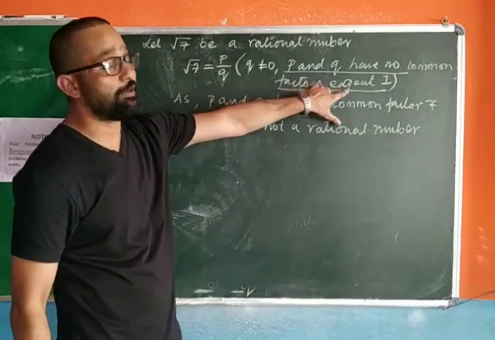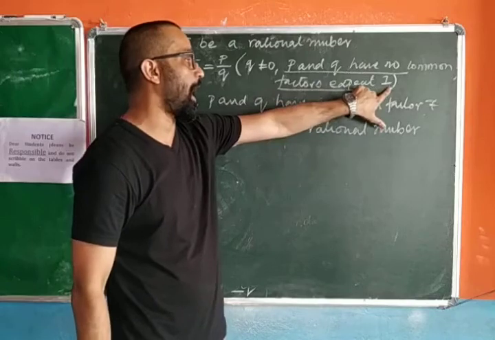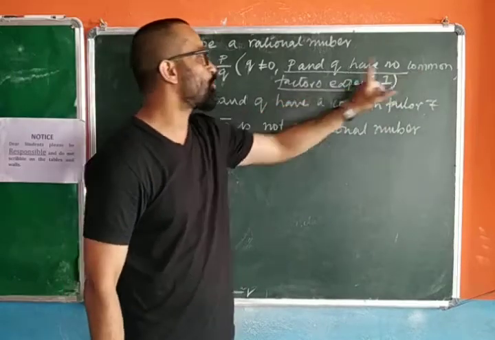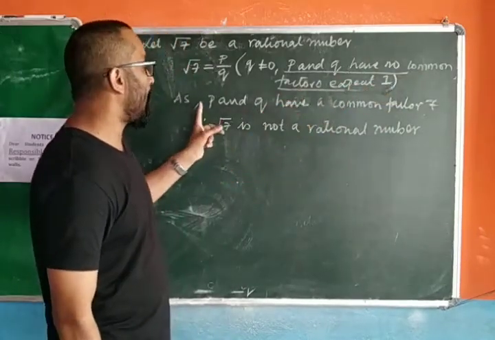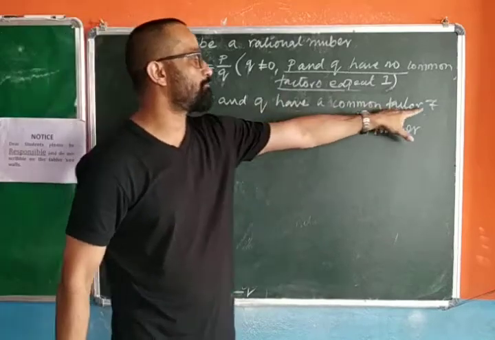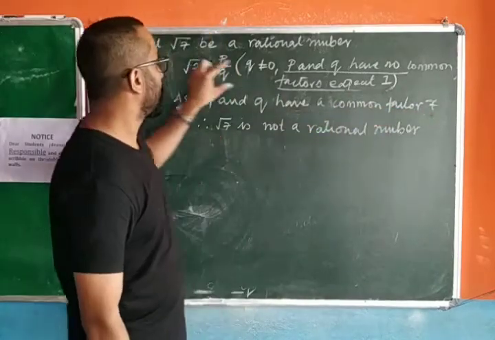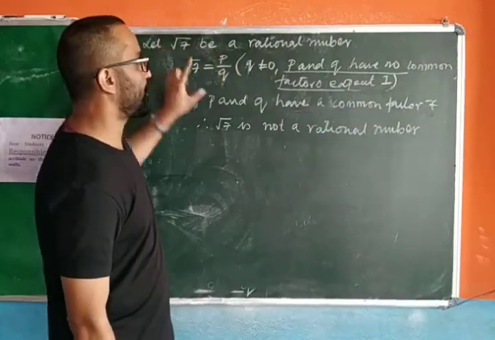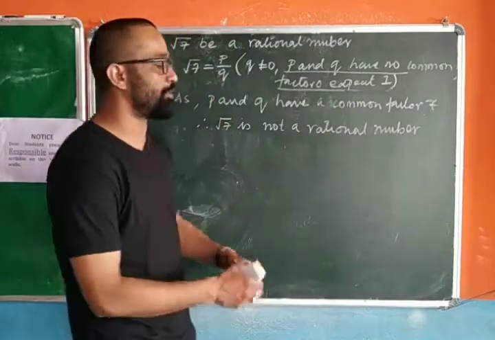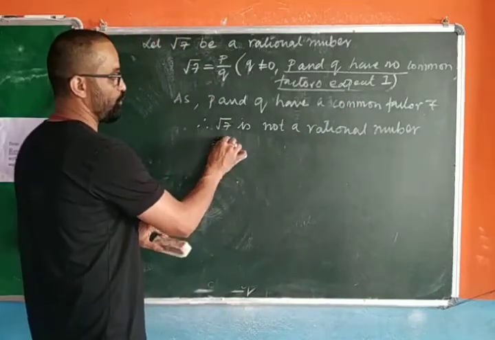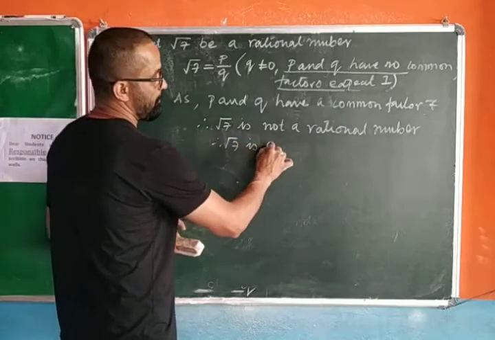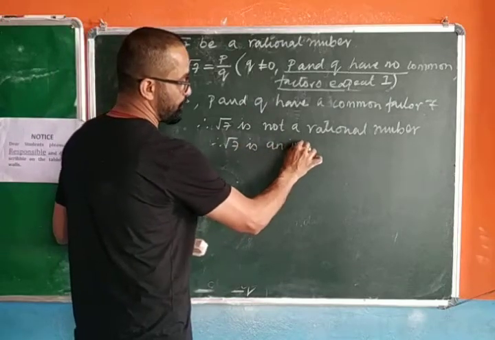It has to have only 1 as a factor, no common factor, whereas p and q have common factor 7. So root 7 is not a rational number. Therefore root 7 is an irrational number.